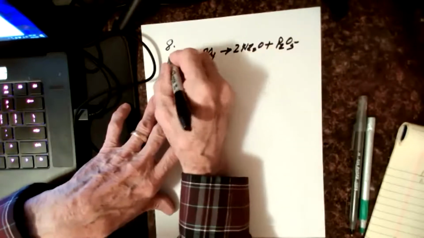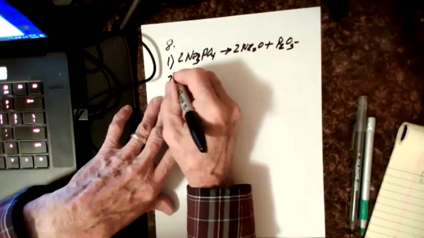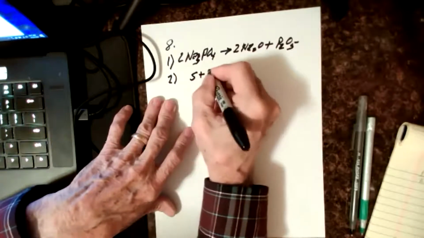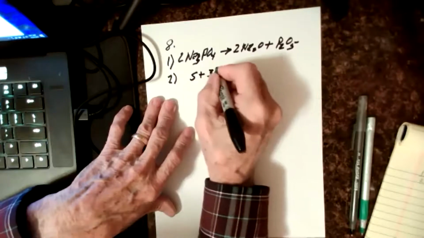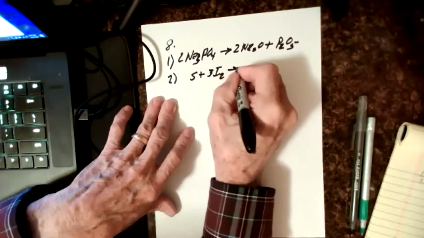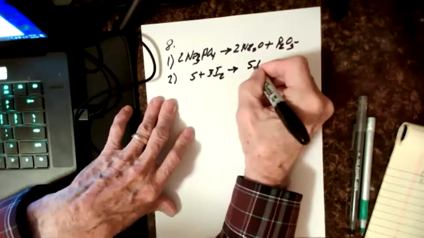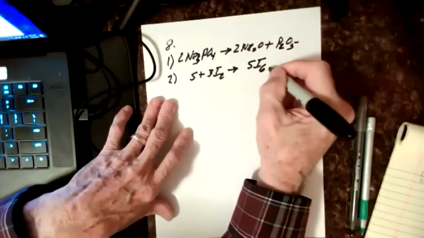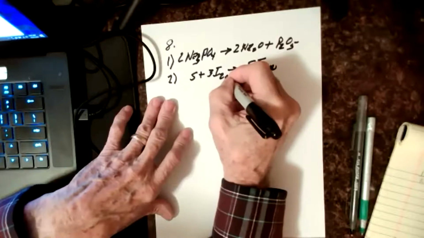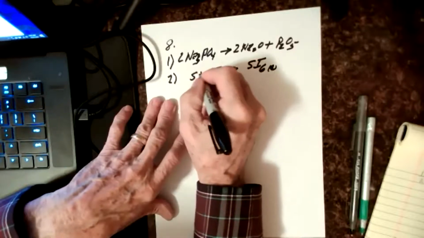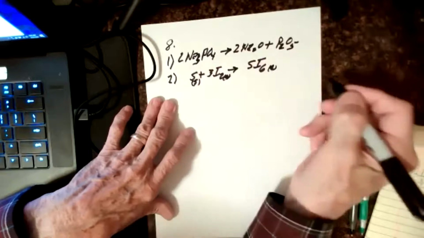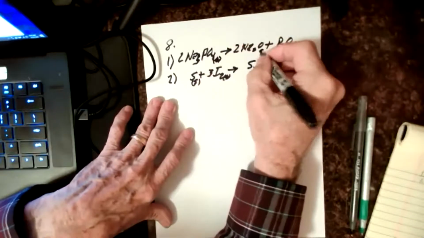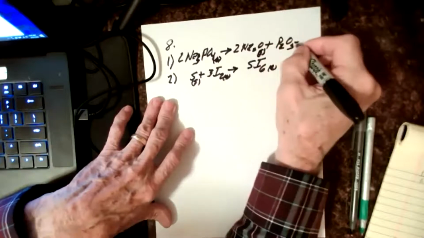So that's number 1. And number 2, we've got S plus 3 I2 going to SI6. And solid, solid, solid. And this was a solid, this is a solid, and this is a solid.